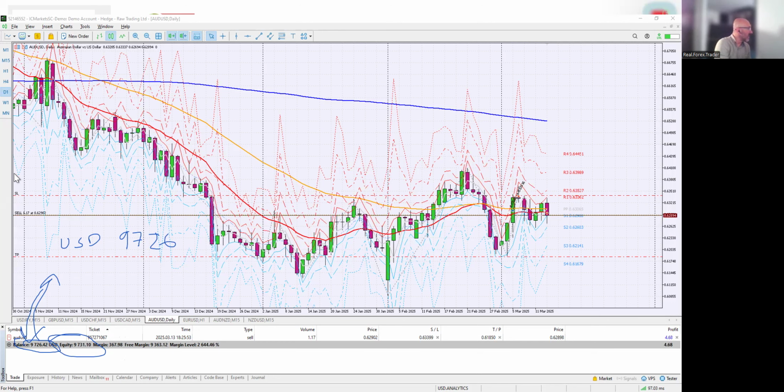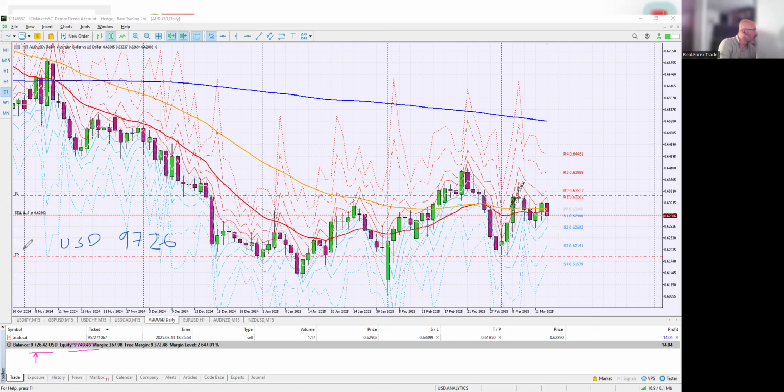In the balance, the figures are fixed. Let me show here, the numbers don't change: 9,726.42. In the equity, you can see now that this number is moving.